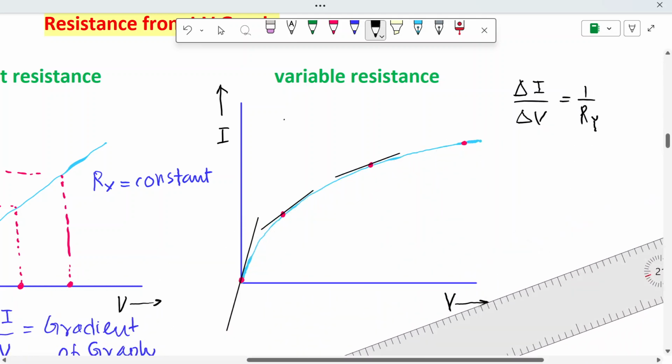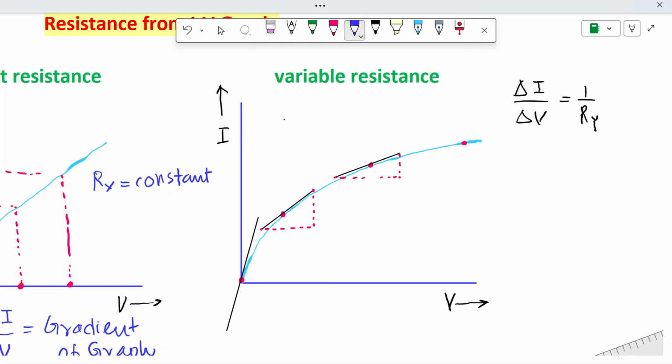So what you see is that the slope or the gradient of the line is decreasing. Which makes this resistance not constant, not ohmic, which makes this resistance variable, because Ry can be written as 1 over delta I over delta V, dear students, which is the gradient of the graph. So how is the resistance changing?